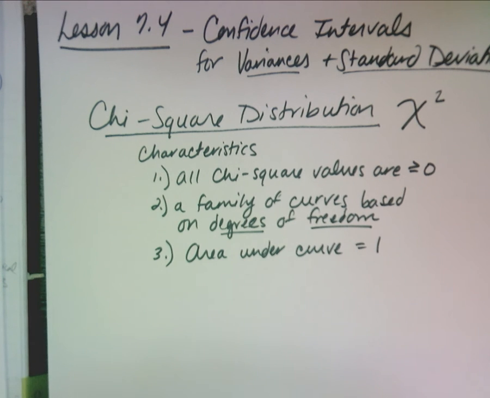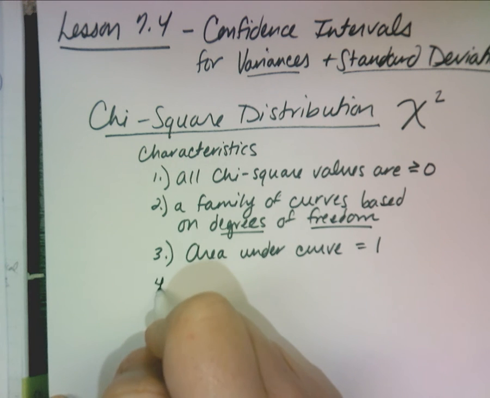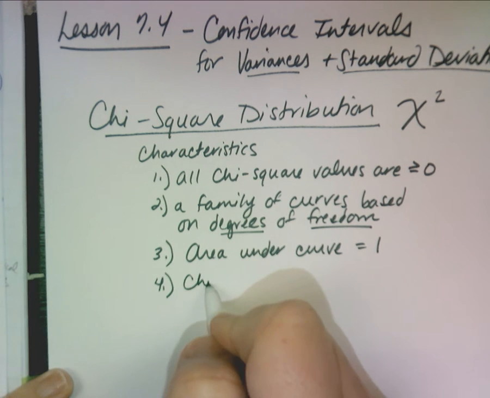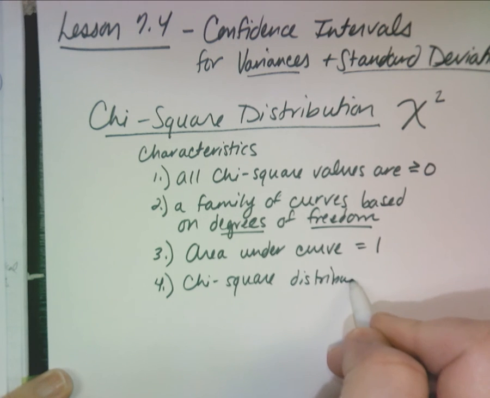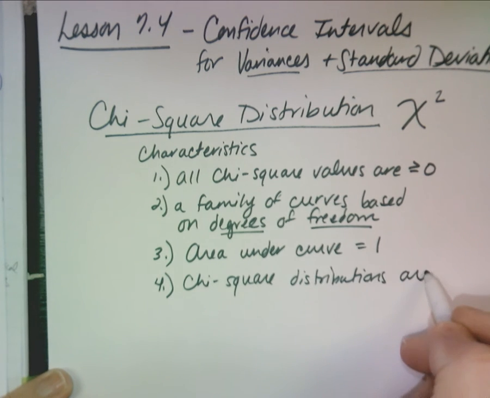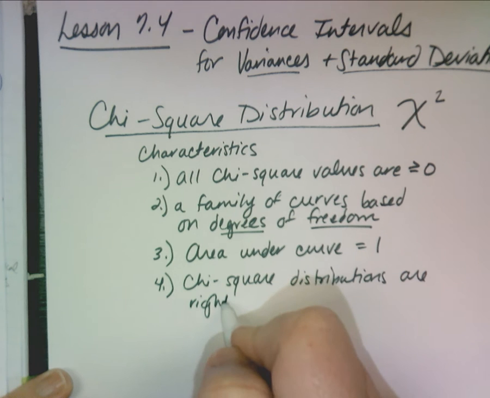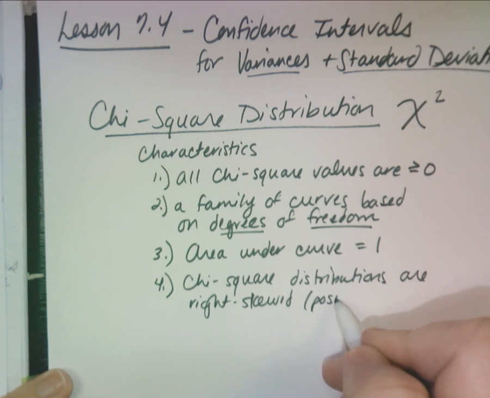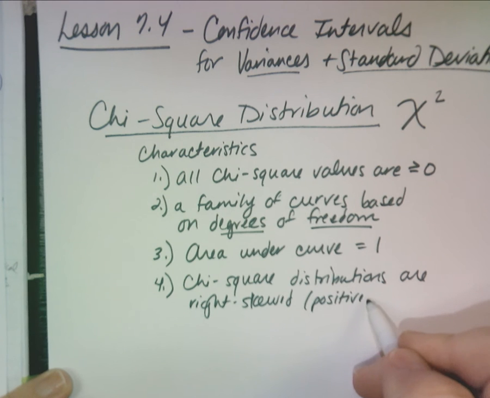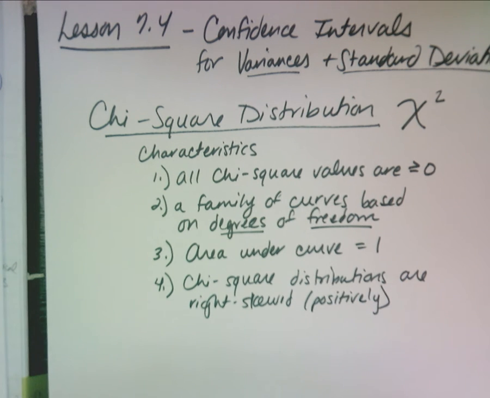Now, this is the new thing that's really weird about variances and standard deviations and the distribution of them. The chi-square distributions are right skewed. They are always, always, always positive. They're positively skewed. And you can see it from the sheet that I've given you, okay?